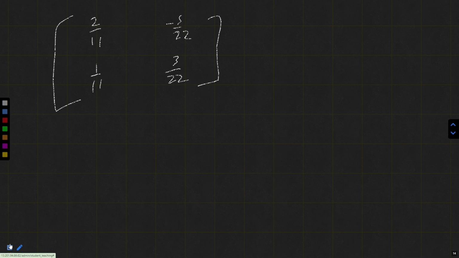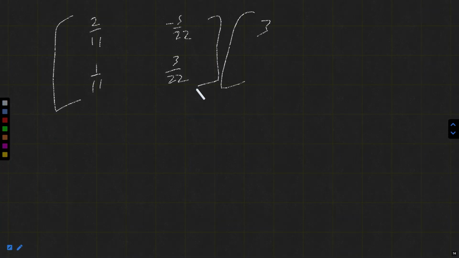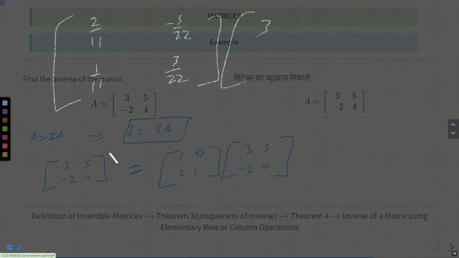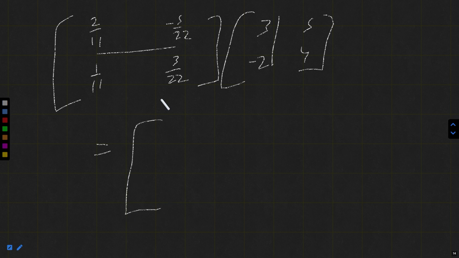Okay, so now multiplying A inverse with A will give me what? Identity matrix. So 3, minus 2, 5, 4. Now just multiply it. Quite simple. So this will be multiplied with this thing. Okay, so you will have 6 by 11 minus 5 by 11, and this will be plus.